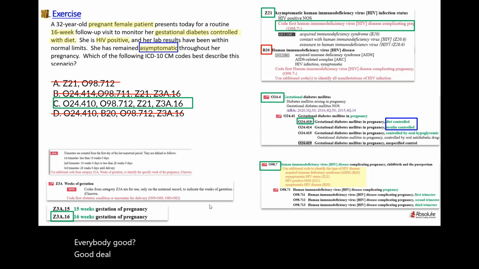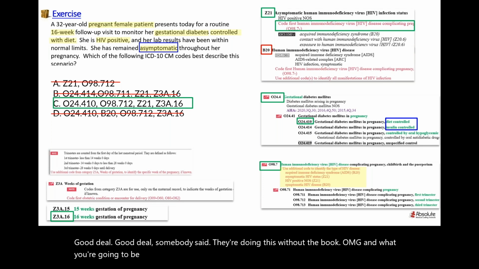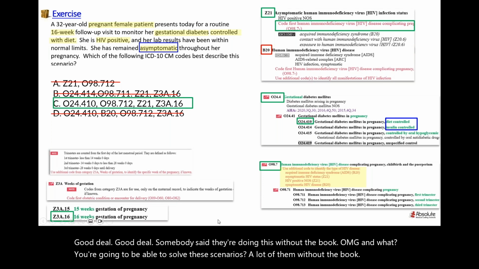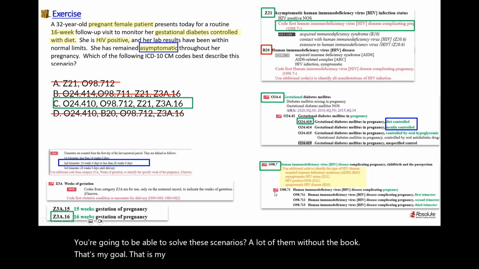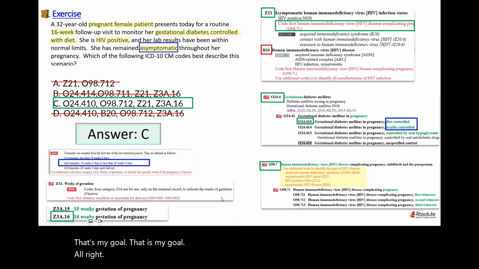Good deal. Somebody said they're doing this without the book. OMG. And you know what? You're going to be able to solve these scenarios, a lot of them without the book. That's my goal. All right. So if you said C, outstanding, let's continue.